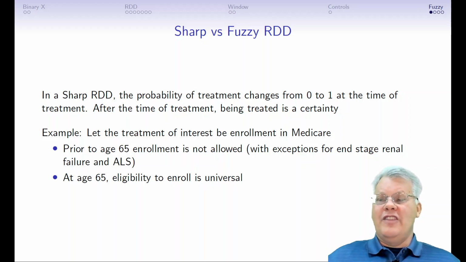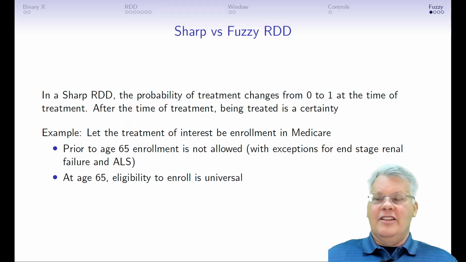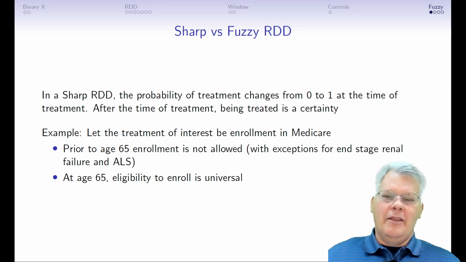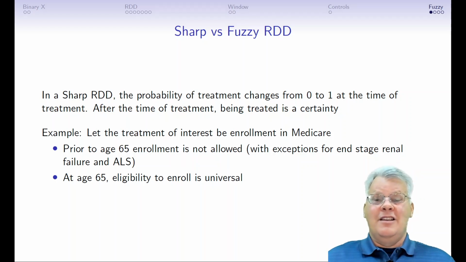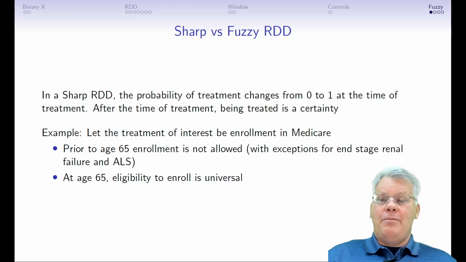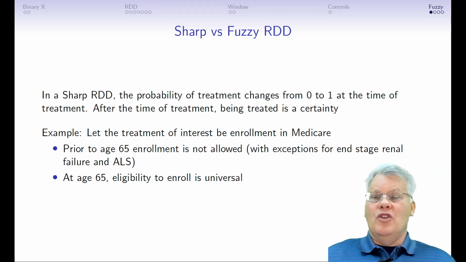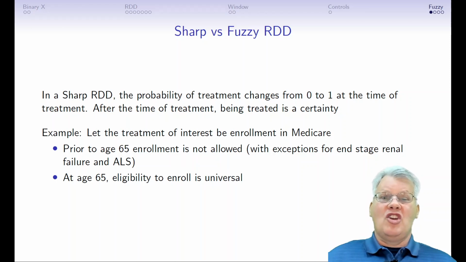End-stage renal failure, so that's kidney disease, people who need dialysis right before either a transplant or death, and then ALS, which is also known as Lou Gehrig's disease. So those two diseases, if people acquire those before the age of 65, they are eligible to enroll in Medicare. But once a person becomes 65, eligibility to enroll is universal. So this would be an example of a sharp regression discontinuity.